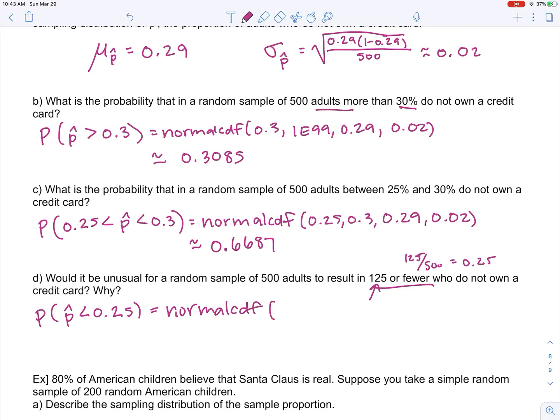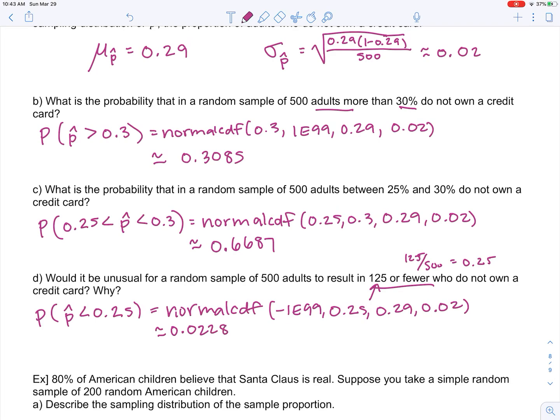So it's still a normal CDF. This time our lower bound is negative 1E99. Our upper bound is 0.25. And the mean and standard deviation are still the same as above because we're still referring to a sample of size 500. So we type in the calculator, and we get approximately 0.0228.